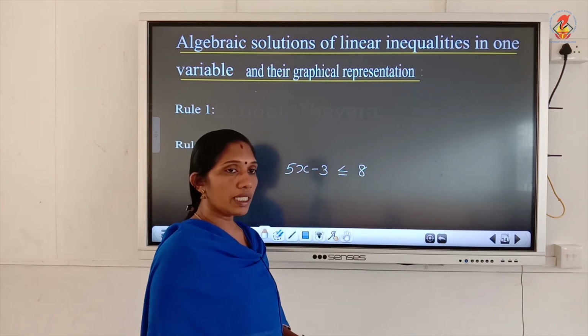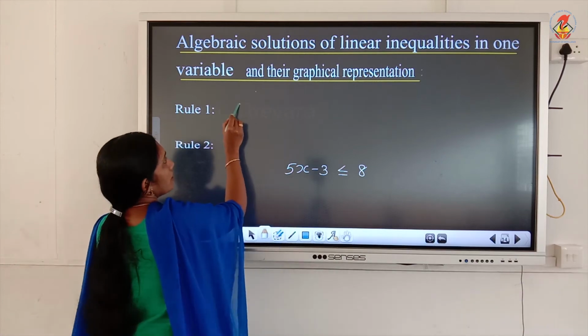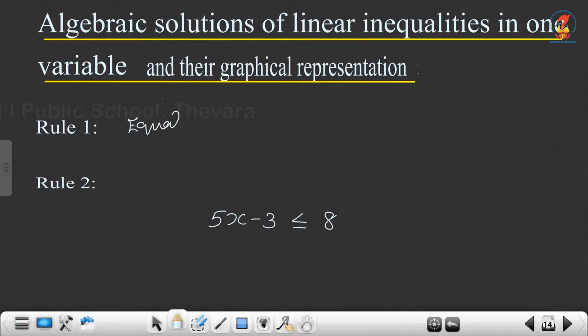For inequality, the method is, the first rule is equal numbers may be added to or subtracted from both sides of an inequality without affecting the sign of the inequality. So here we have to find the values of x.